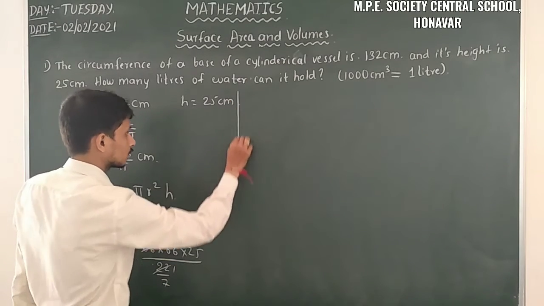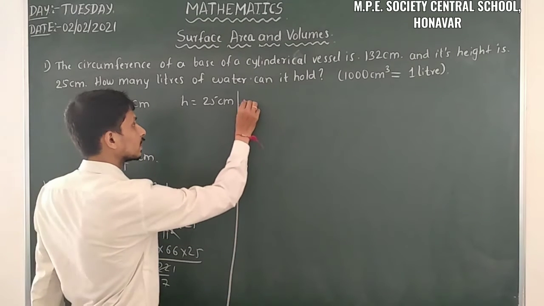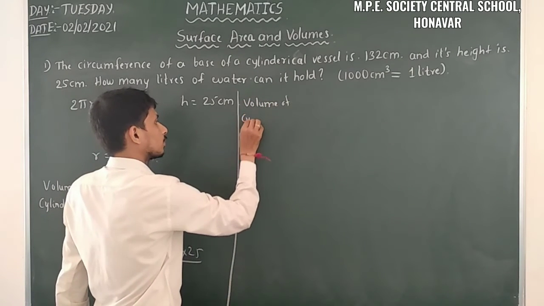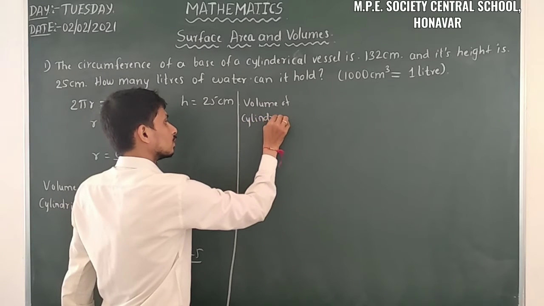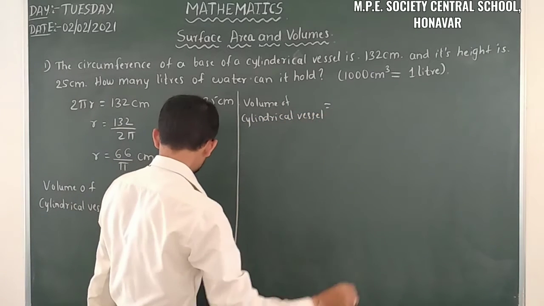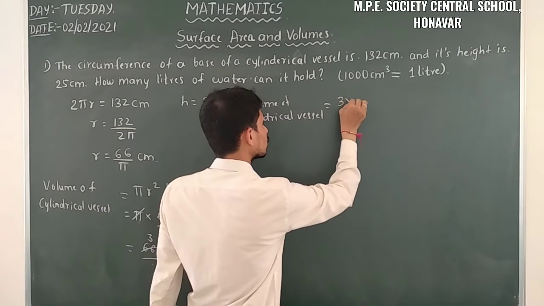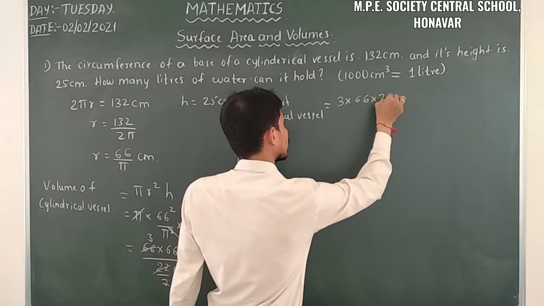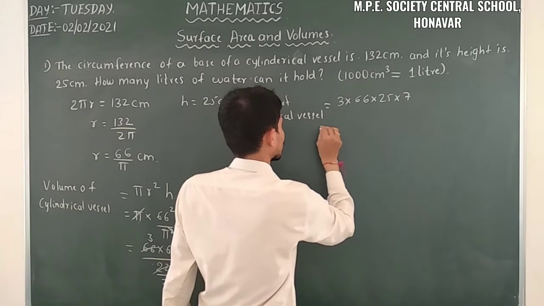Yes. So I will solve here. Volume of the cylindrical vessel is equal to 3 into 66 into 25 into 7.